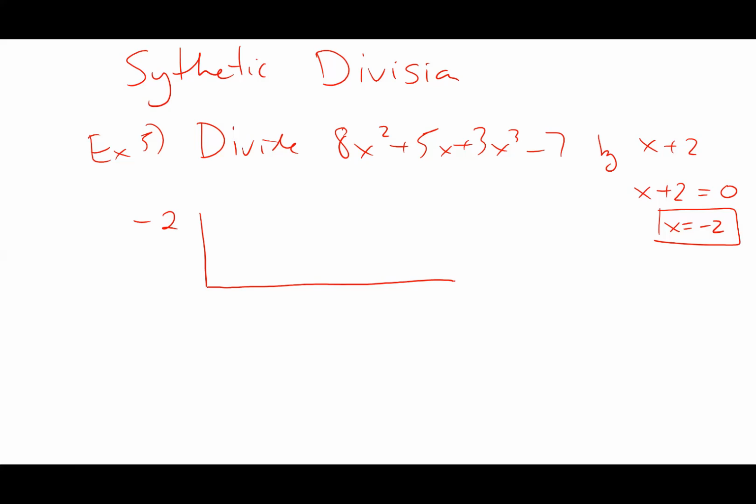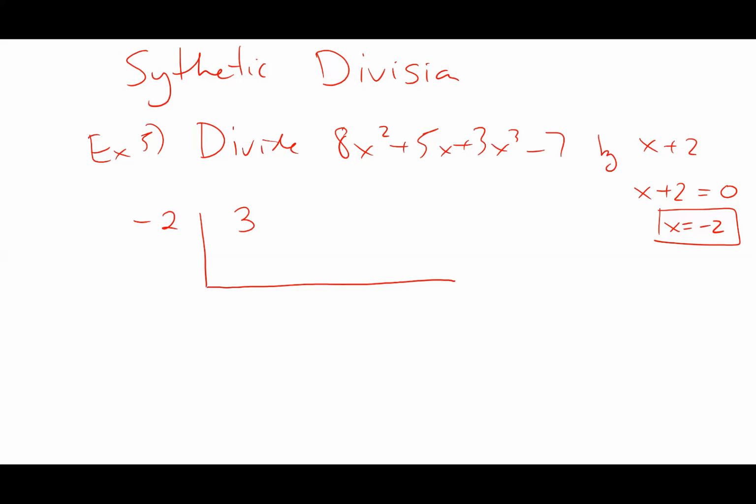Okay, instead of putting in the x's, all we're going to do is go from highest to lowest on the x's, but only put in your coefficients. That's it, just the coefficients. So highest one is x cubed. Coefficient of x cubed is just the 3.